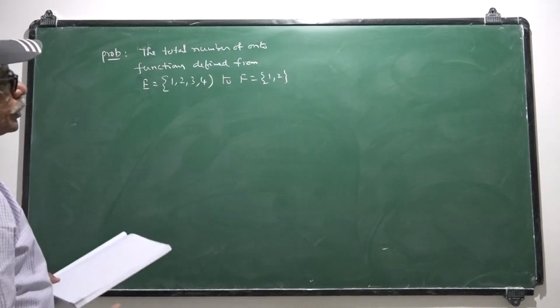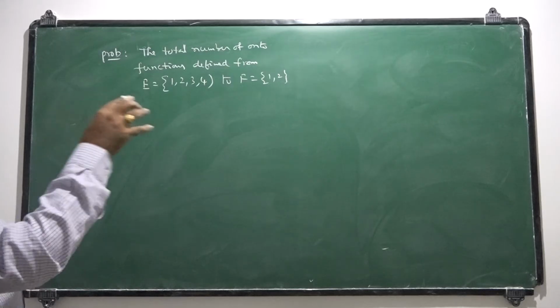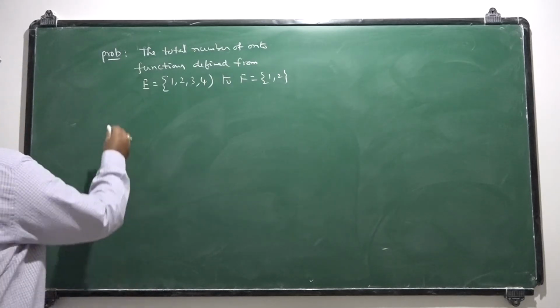The number of onto functions defined from the set that consists of 4 elements to 2 elements.